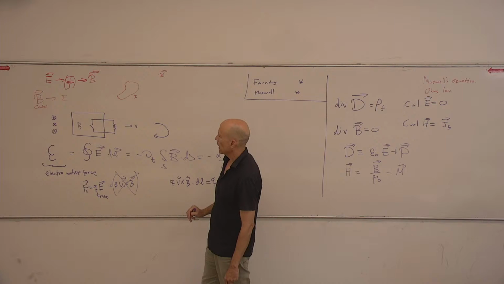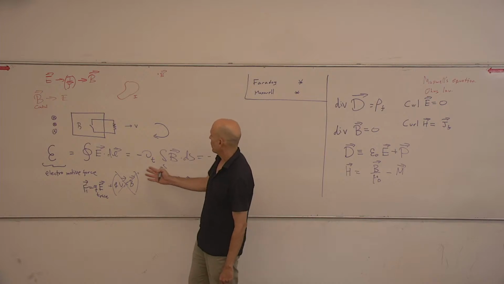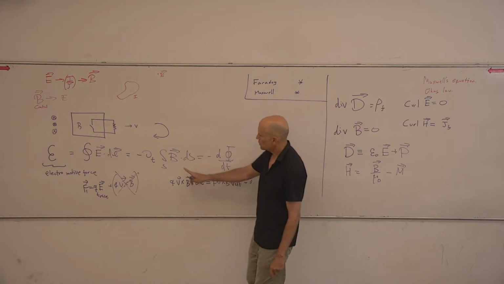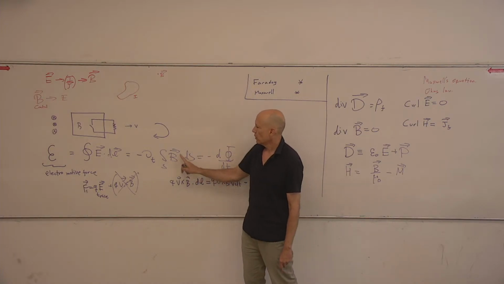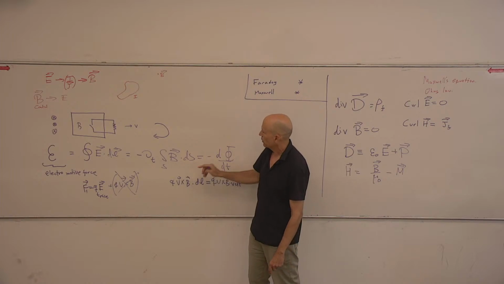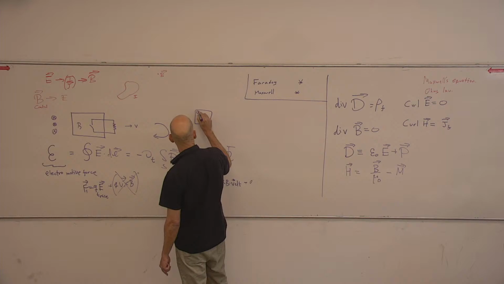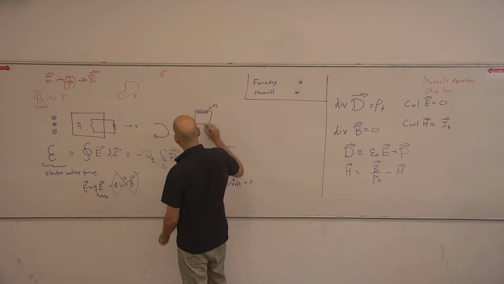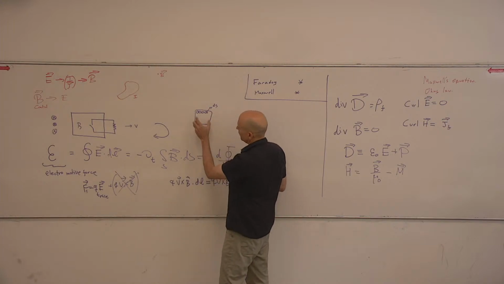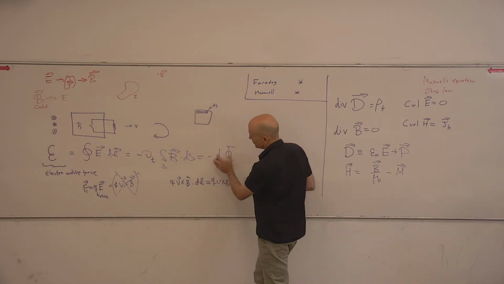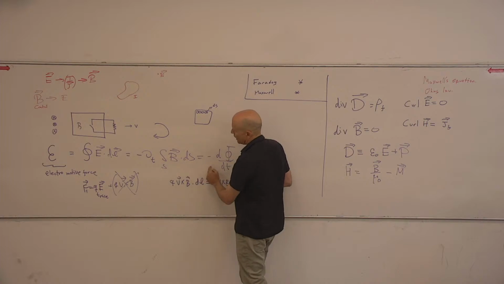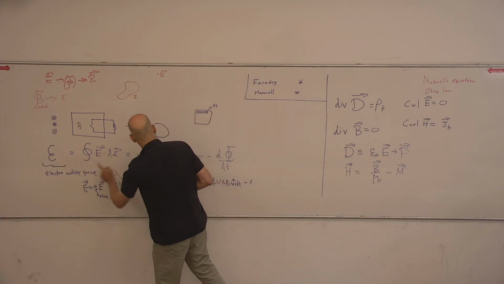Okay, so this is ∮E·dl. But maybe you say, wait, I want to add... no, okay, so what is ∫B·dS? I think this is clear. You take the magnetic field, and we have this type of surface, and we have this dS going out. B·dS, I sum all of them. This is the flux Φ. This is the definition, and it has to change in time in order to give this thing.